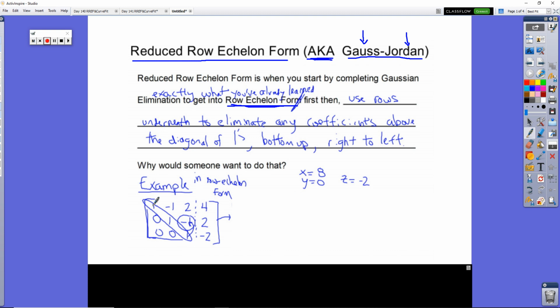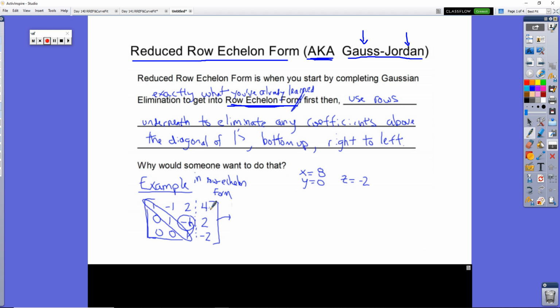So let's take a quick look at a matrix that is already in row echelon form. So here's our example. You've got your diagonal of ones and a triangle of zeros underneath it. So this augmented matrix right here is already in row echelon form. The Gauss process would have you put the letters back into the bottom row to figure out that the answer for z was -2. Then you could put the letters back into the row above it, as well as the answer for z, and you could figure out the answer for y is 0.